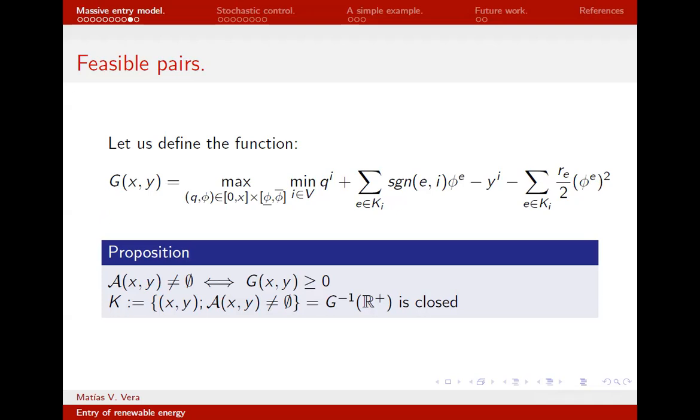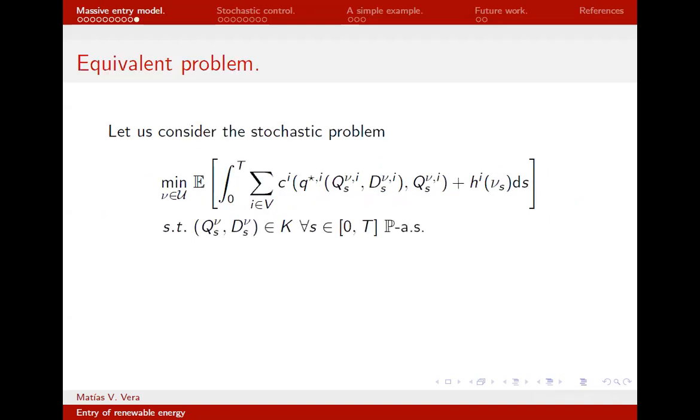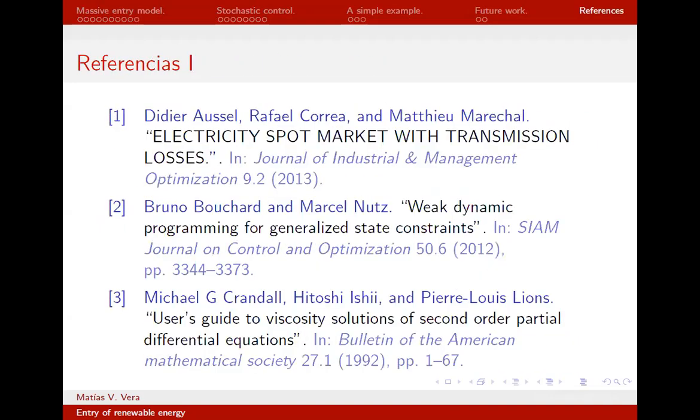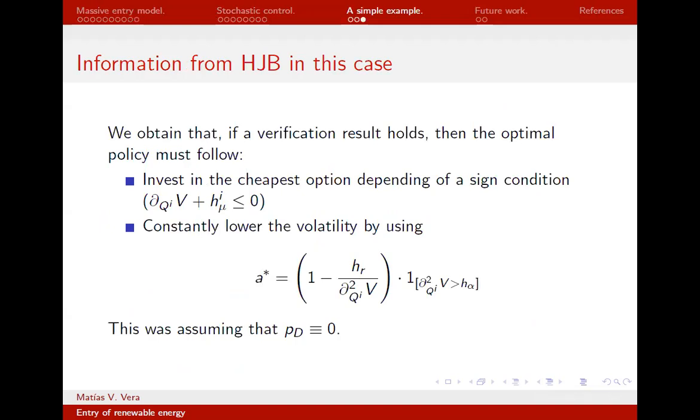Thank you. In the example, what is the interpretation of taking PD equal to 0? You don't really want to escalate the network; what you want is to change to a cheaper option.